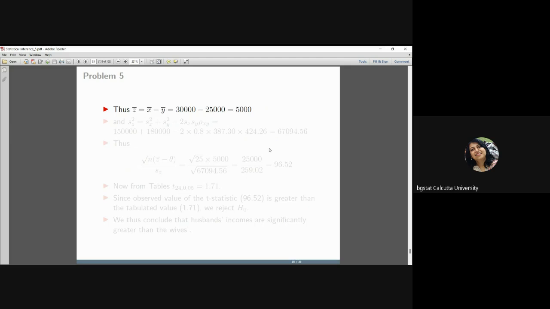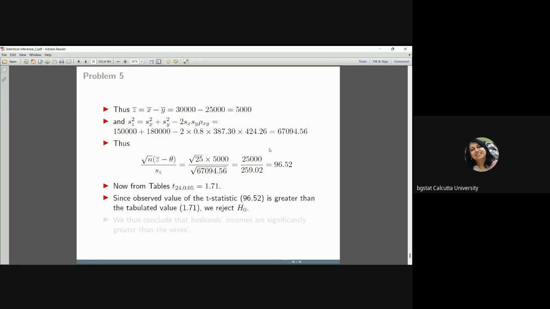This turns out to be 5,000 for my sample. I also have a formula for calculating Sz square in terms of Sx square and Sy square. If you do the calculations, it can be obtained. After substituting this in the test statistic, I find that it's equal to 96.52, which is a huge value.